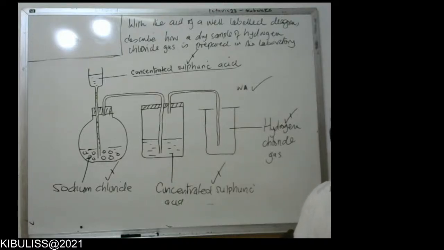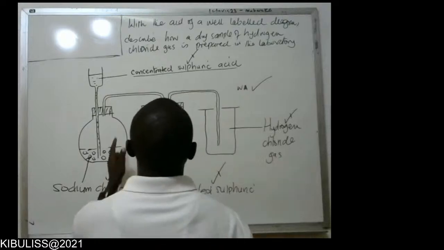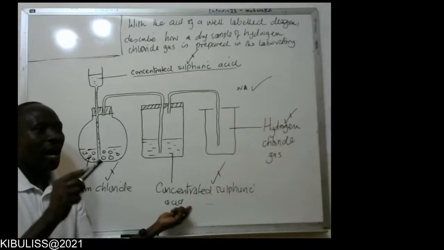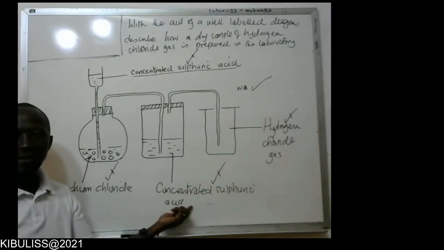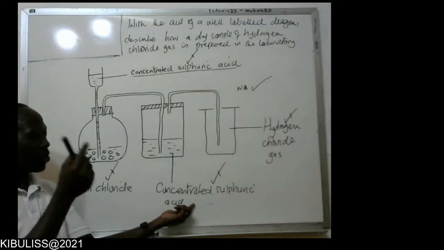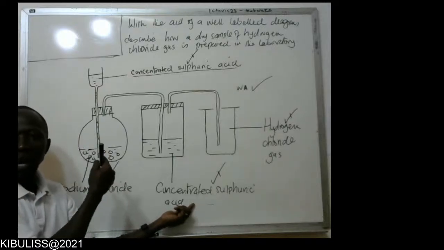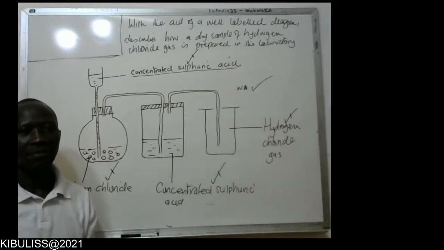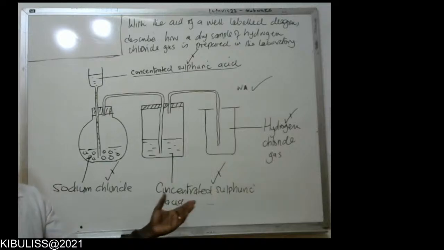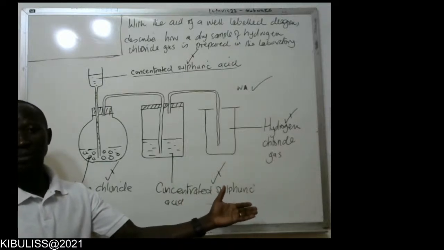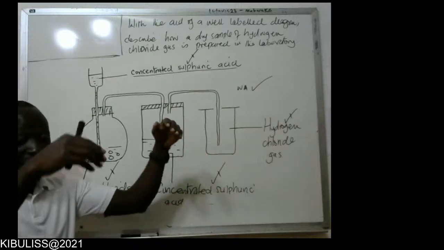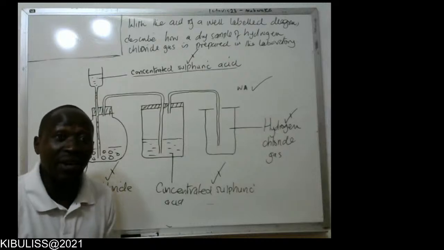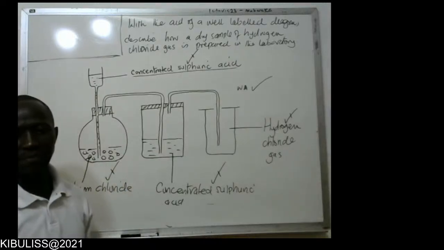Finished. Statement number 3, the gas is passed through concentrated sulfuric acid to dry it because it does not react with the acid, since it is also acidic. Sentence number 4, the last one: the gas is collected by downward delivery because it is denser, or rather heavier than air.